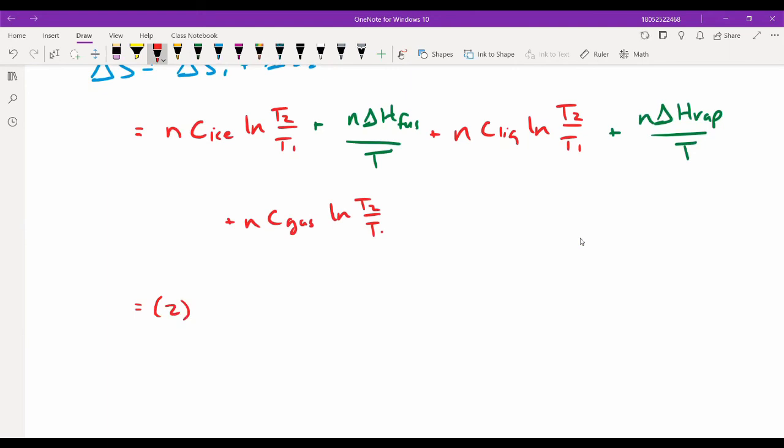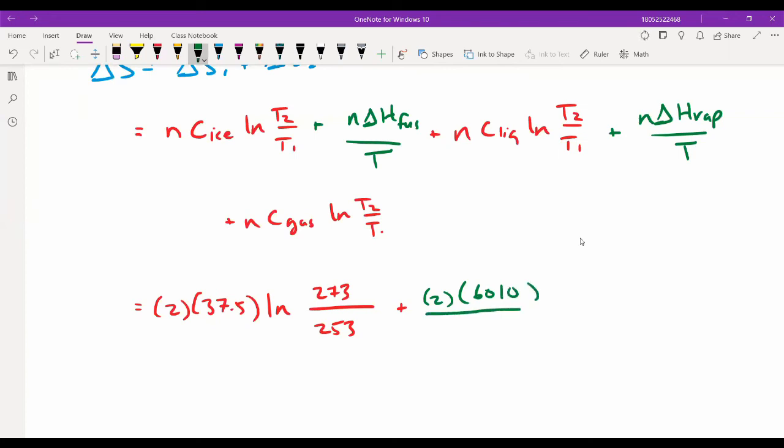So we have 2 moles, we have 37.5 ln. Here we have to be careful, we have to use Kelvin, so it's going to be 273 over 253. Definitely can't use Celsius when we have these absolute temperatures. So then again, I'm going to put this into joules.